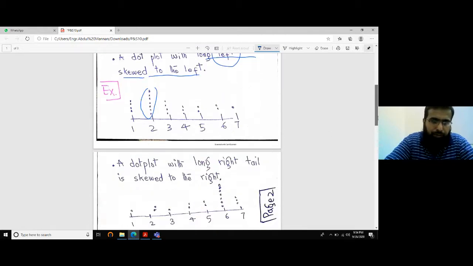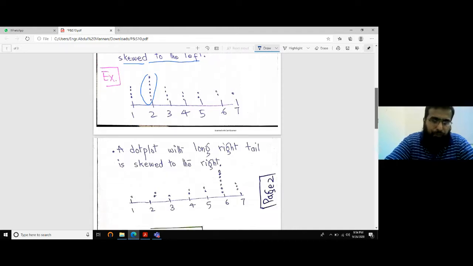The opposite of that would be data that is skewed to the right. That is a long right tail. For this type of data we draw the dot plot and identify that there is a long right tail. This means that the data is skewed to the right.